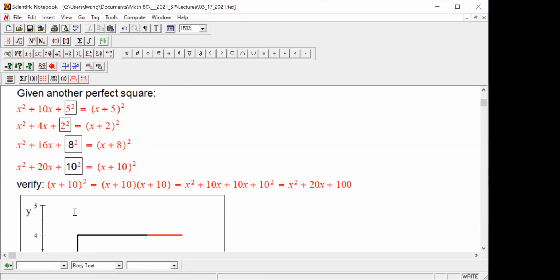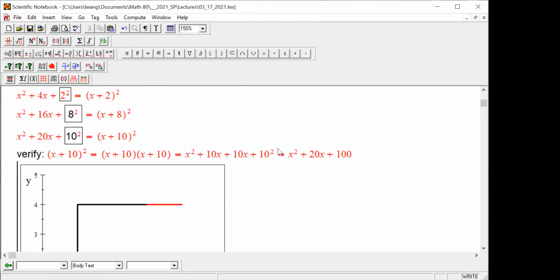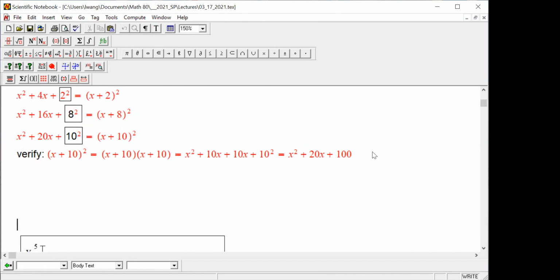Did everybody get it? Could you do this on a piece of paper because I have another question coming. x squared plus 26x plus blank.